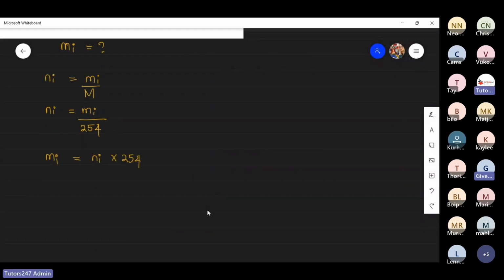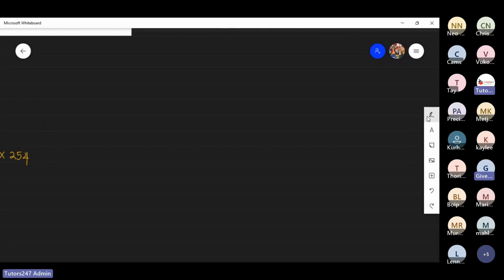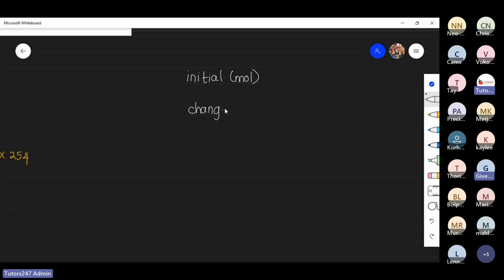So let us write down our Kc table. You can do it here on the side. In your Kc table, the first row is the initial number of moles, initial in moles. Next, you have the change, and that is also in moles. Another way of thinking about change is what is used or what is formed.